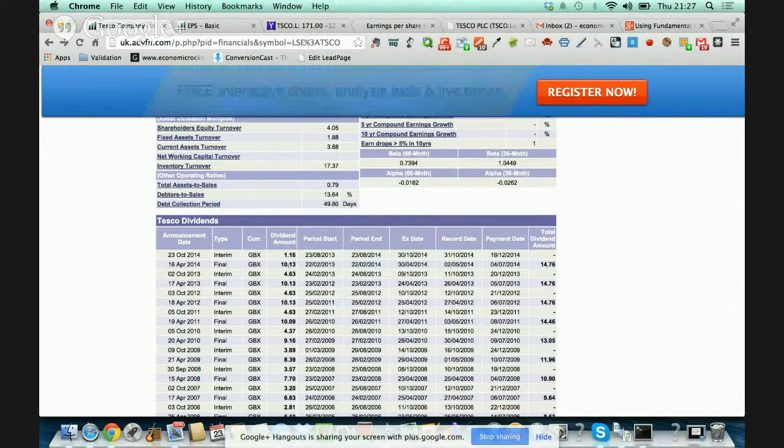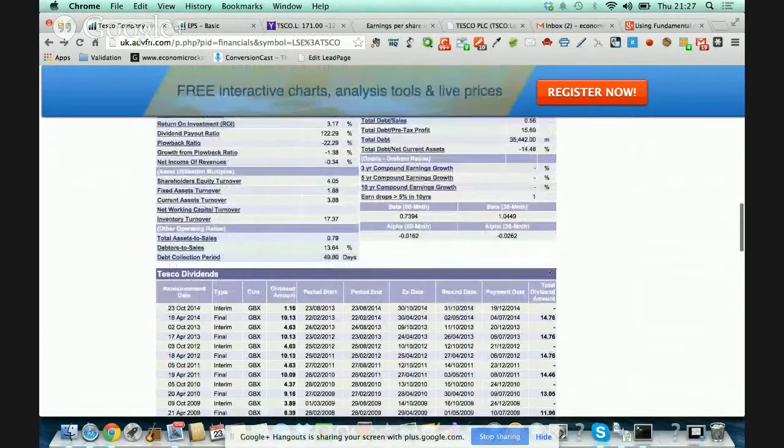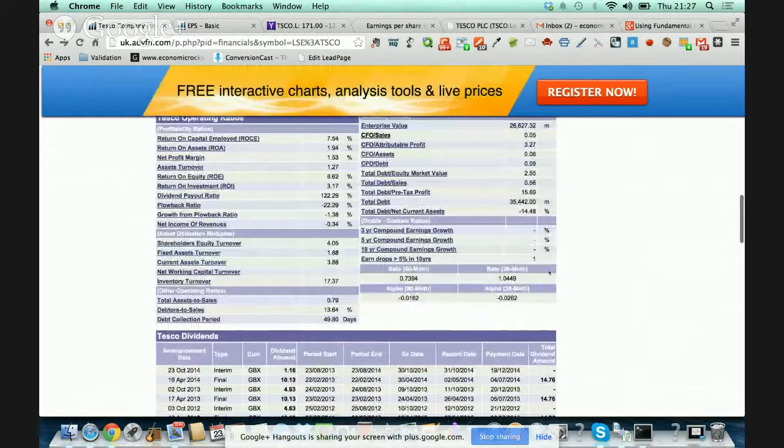So we have two dividend payments of 10.13 pence and 4.63 pence, with a cumulative payment of 14.76. Okay, so if we take that as a percentage of the stock price, that should give us the yield, how much of a dividend we're getting relative to the stock price.